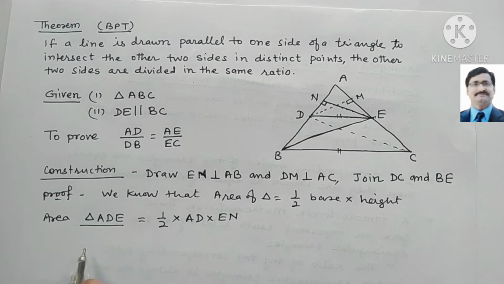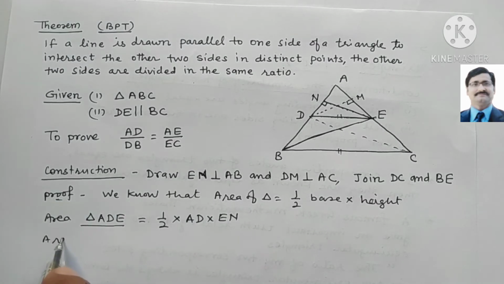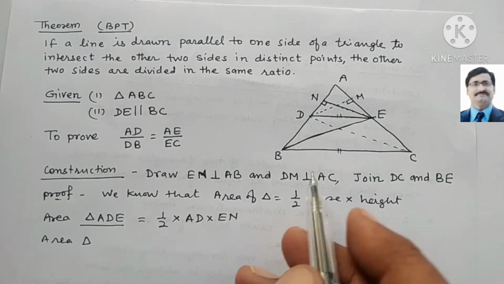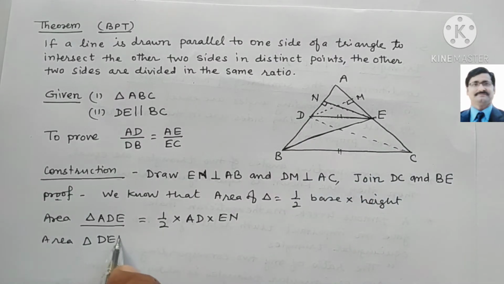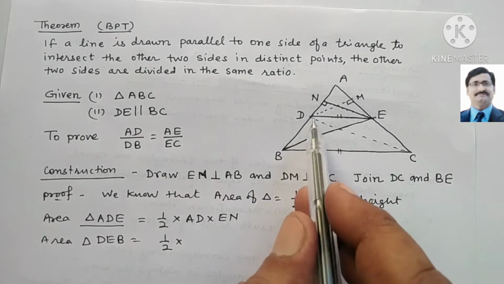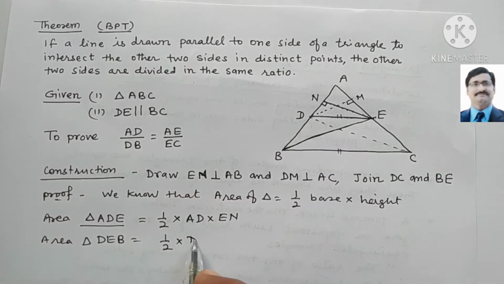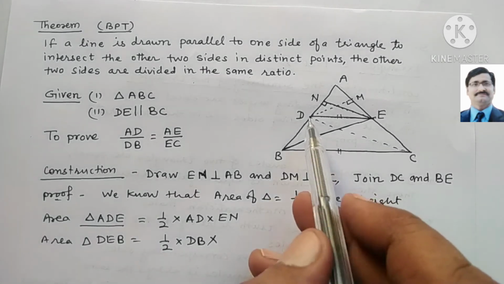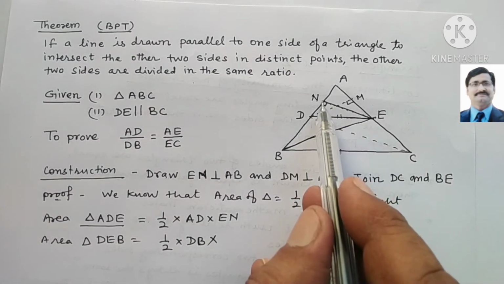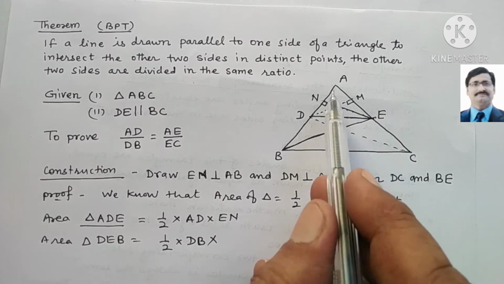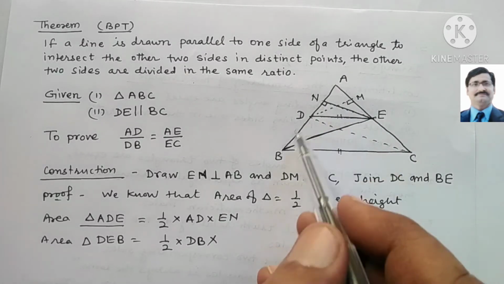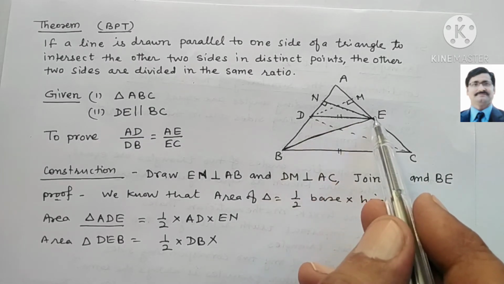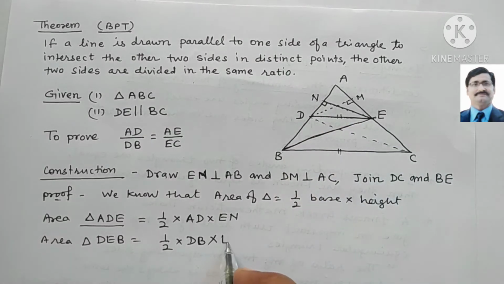In the same way, we find the area of triangle DEB, which equals 1 upon 2, base we take DB, and look here, EN is perpendicular to AB, and DB is part of AB, so here also the perpendicular is EN.